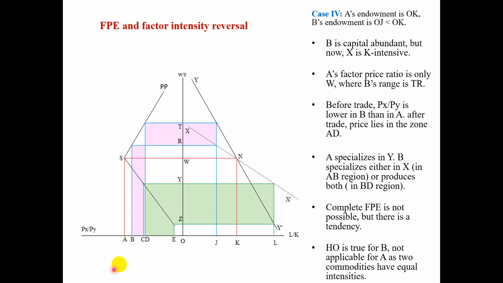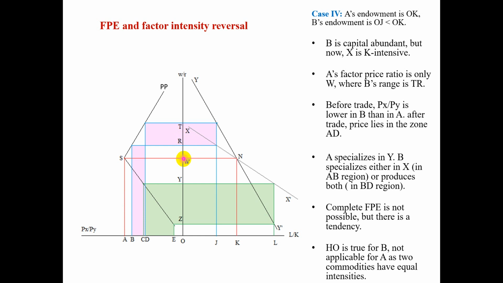Why? Because before trade this was the commodity price for A, and before trade, the commodity price for B was lying in this region. So after trade, there was a tendency towards commodity price equalization, but here we cannot have the factor price equalization completely, because one of the important assumptions is not valid here, but there is a tendency for factor price equalization, so it will be moving in the downward direction to reach this point.